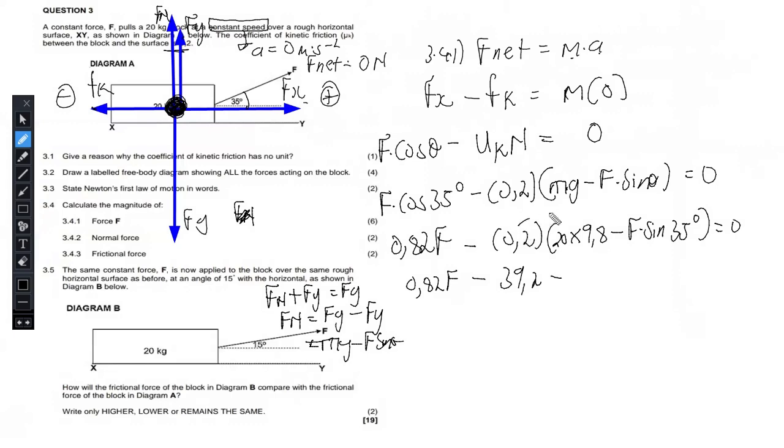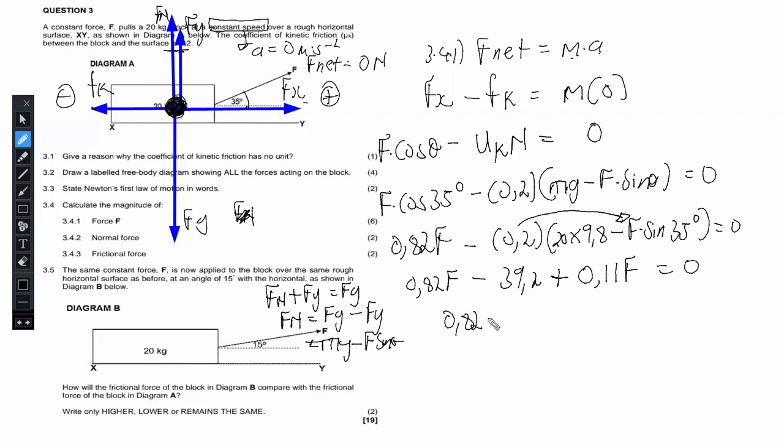And then if I just take this here, negative 0.2, and then cross multiply, and then multiply inside with the negative F sine 35, then obviously it will be negative 0.2 times sine 35. And that will give me positive 0.11 rounded off to 2 decimal places, and then F, right? So I'm just trying to make things simple here by just rounding off the decimals to 2 decimal places.